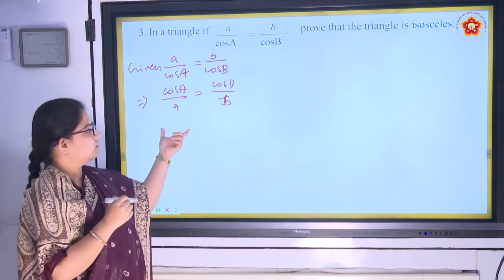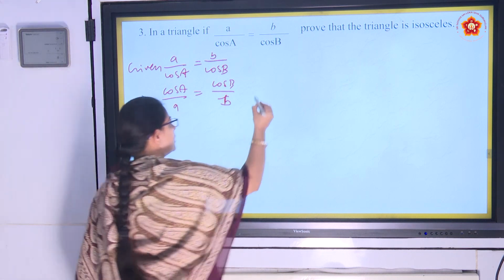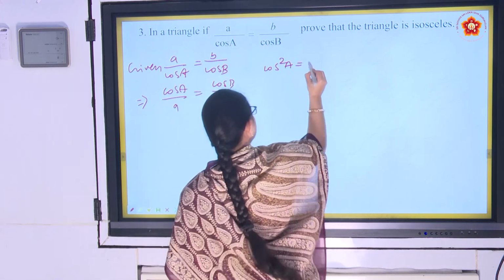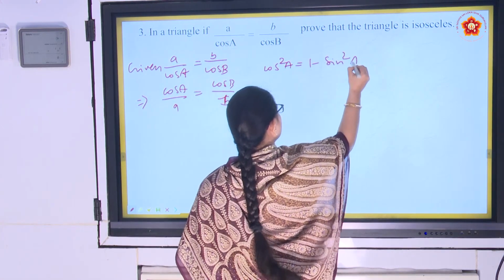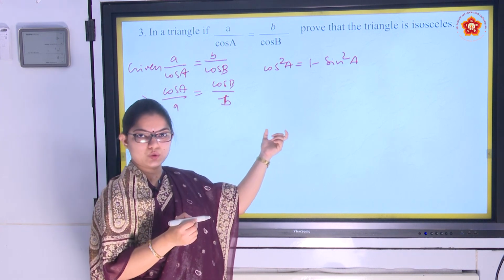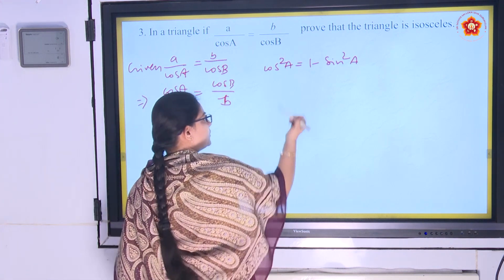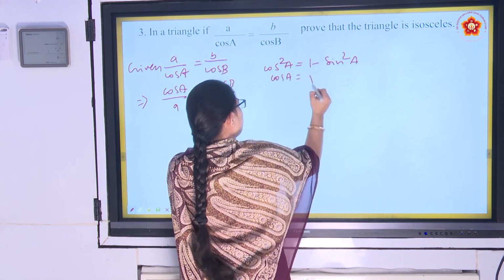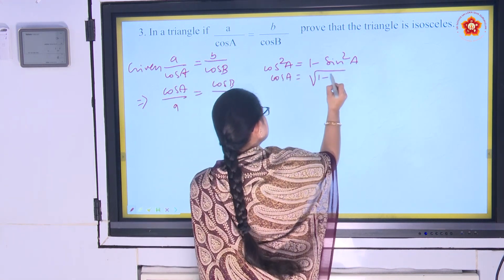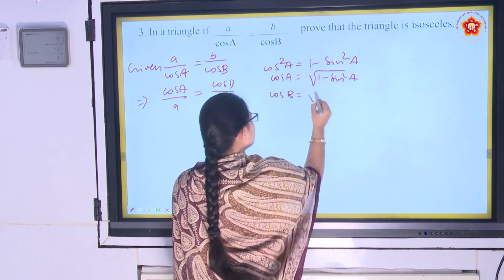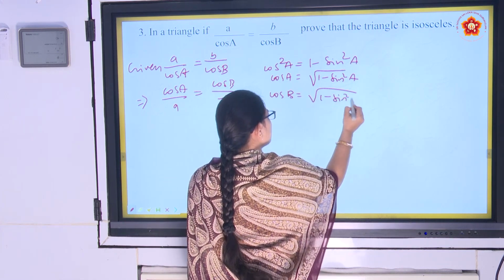Now we know the formula cos square A plus sin square A is equal to 1. From there we can write cos square A is equal to 1 minus sin square A. Or what is cos A? Cos A is the square root of 1 minus sin square A. Similarly, cos B is the square root of 1 minus sin square B.